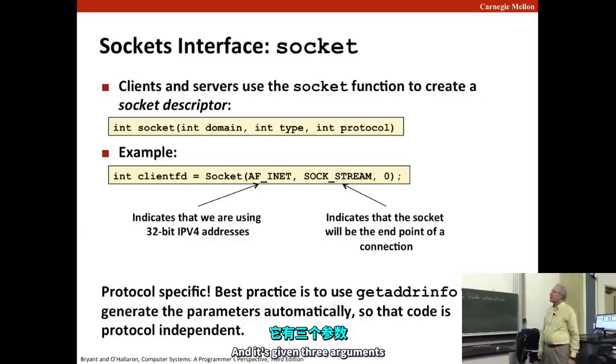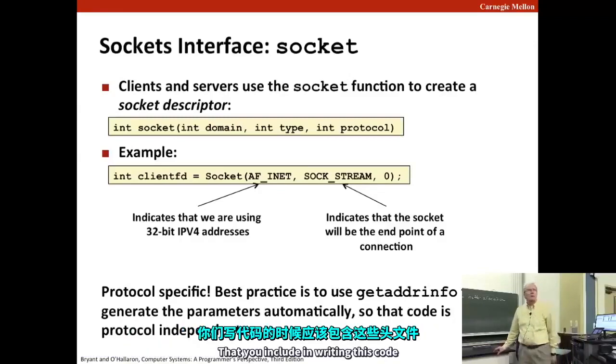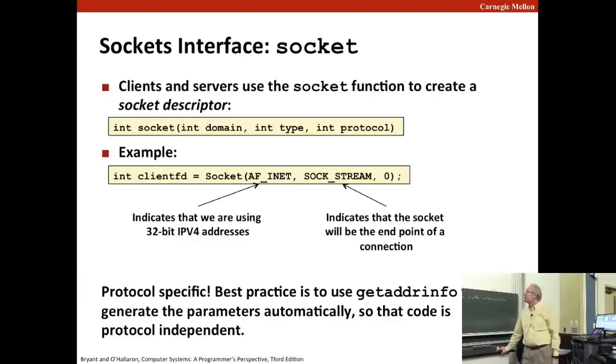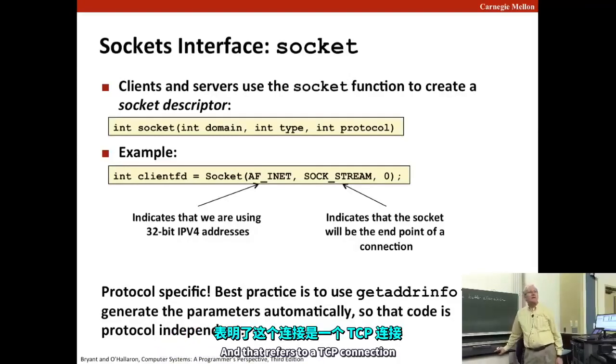It's given 3 arguments, the first of which is AF_INET. All these uppercase names are constants that are built in, included in the various .h files that you include in writing this code. AF_INET means IPv4, so 32-bit addresses. The second parameter says you want a SOCK_STREAM, which refers to a TCP connection.